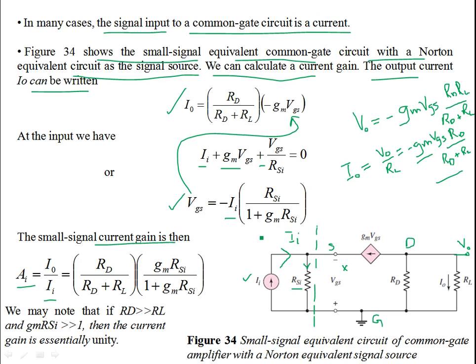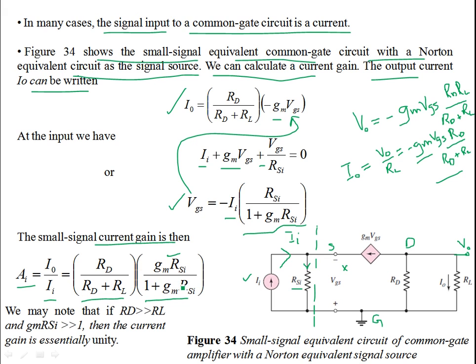Then you have this factor, which is also a form of voltage divider, not exactly, but it comes from the VGS expression. GM is going to multiply with RSI, so you have a factor GM RSI, and then the denominator is the same. So this is your current gain.